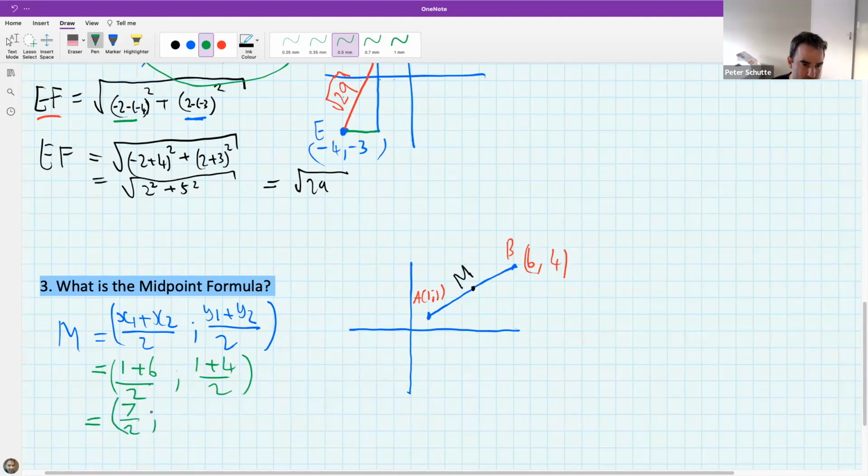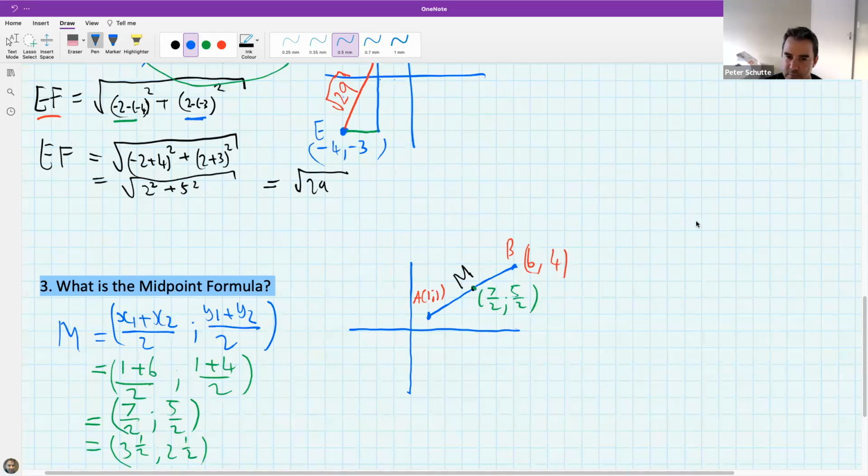It's going to be 7 over 2 and 5 over 2. Or if I wrote it as not an improper fraction, but a normal number, I could also write it as 3.5, 2.5. And so this point over here, its coordinates are going to be 7 over 2 and 5 over 2. And we call this the midpoint of the line segment AB.